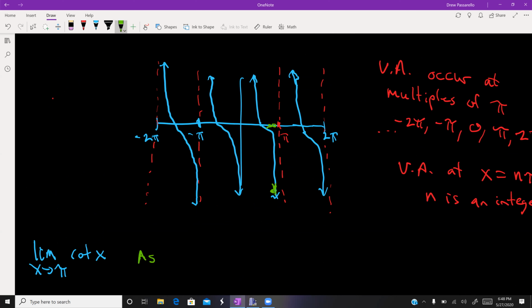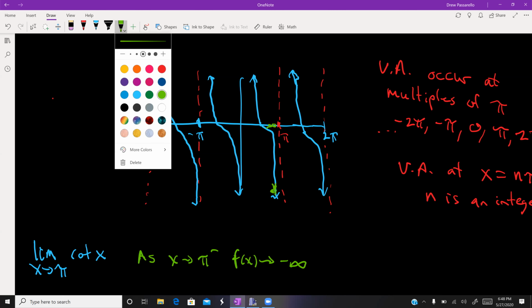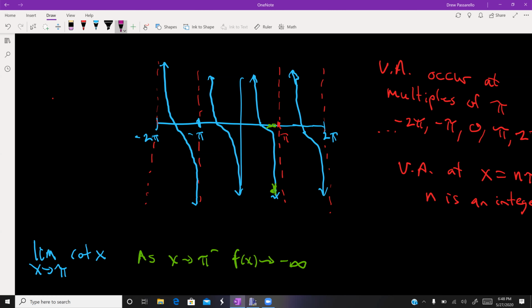So the left-hand limit is -infinity. So as x approaches pi from the left, that's what the minus sign means, and then the graph itself, f of x, goes to -infinity. Now if I approach pi from the right side, the graph itself is going up to +infinity.